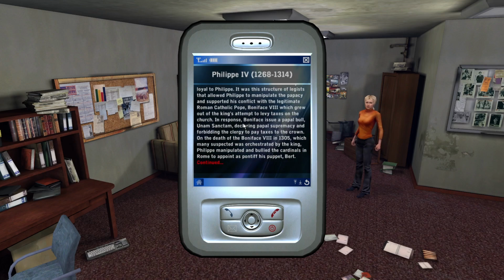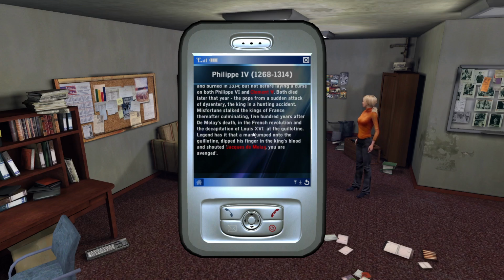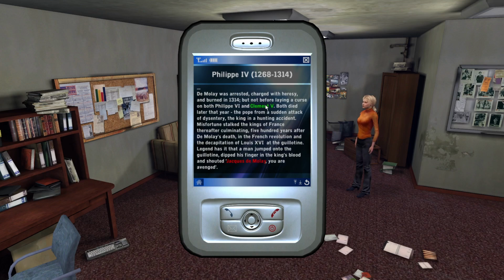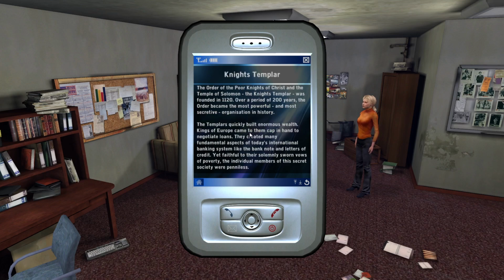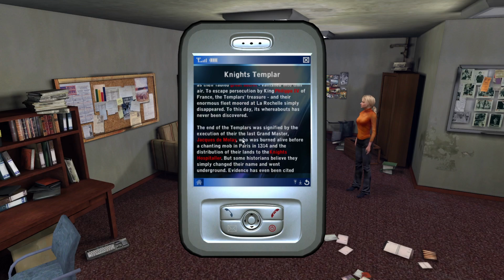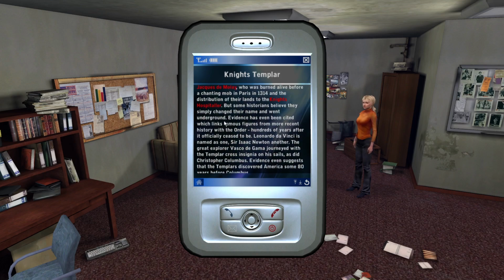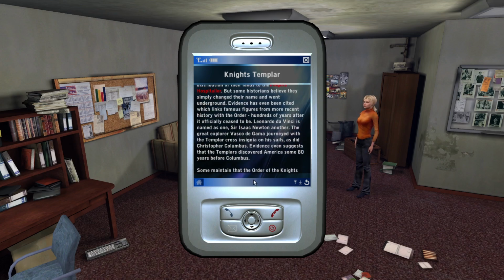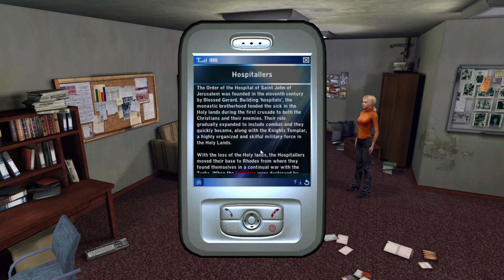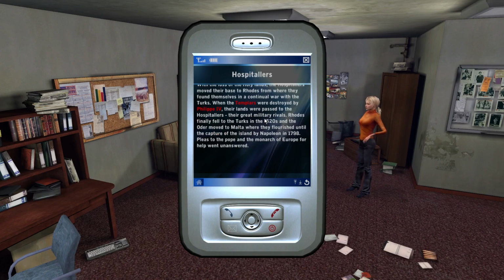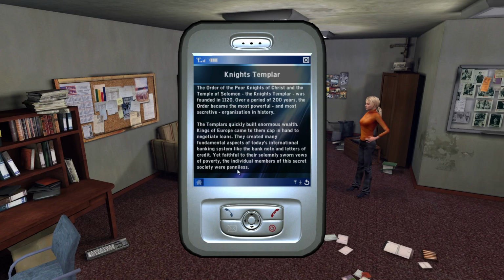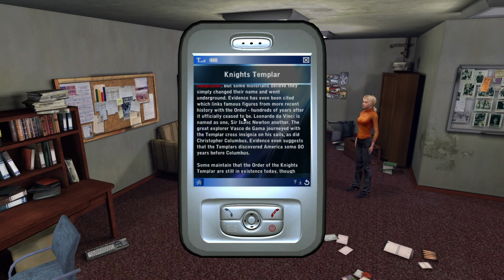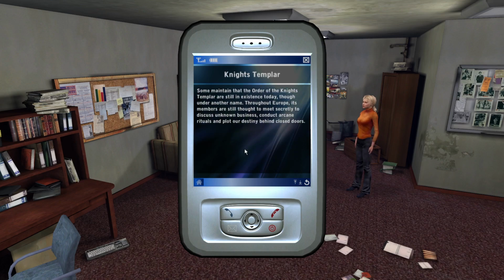No. Okay. So we're obviously looking for something else. Great Secret. The Knights Hospital. Okay. St. John of Jerusalem. Okay. I mean, is there something we're missing here?